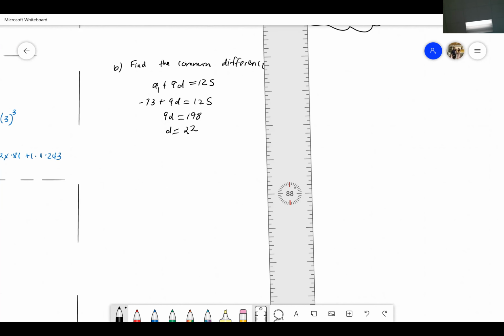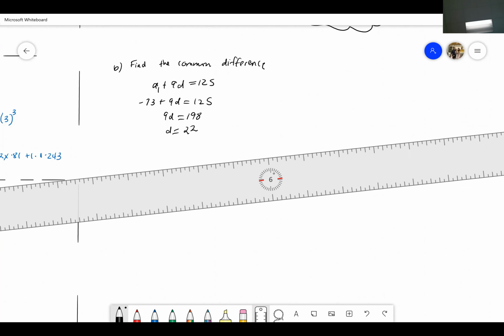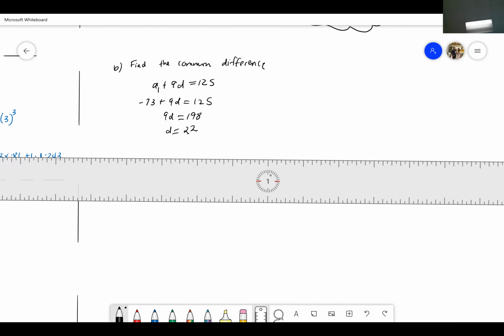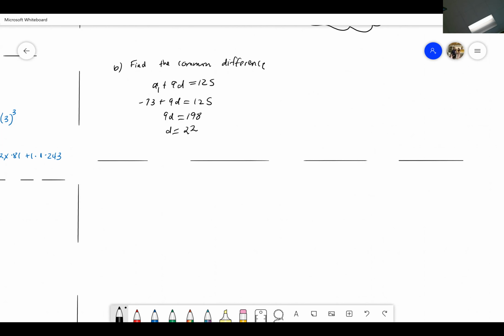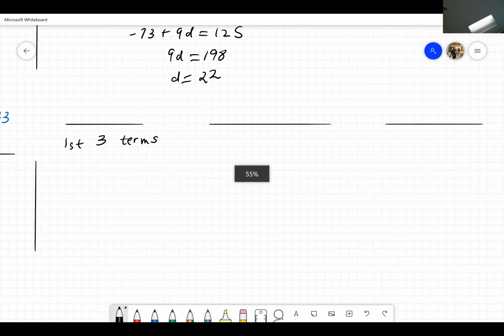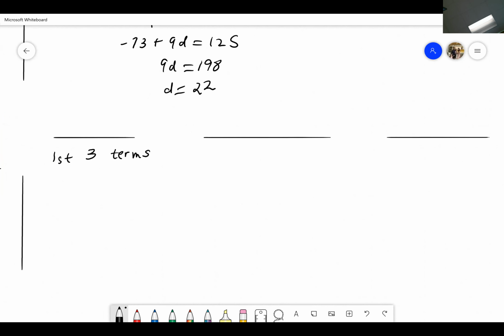Determine the first three terms of the binomial expression of (x minus 1 over x)^8 in ascending order of power. So they want the first three terms in ascending order.